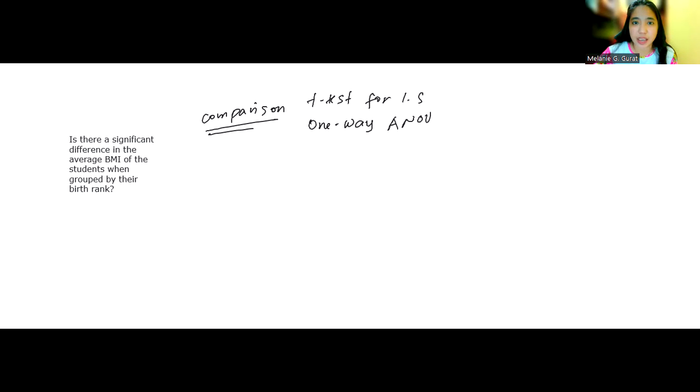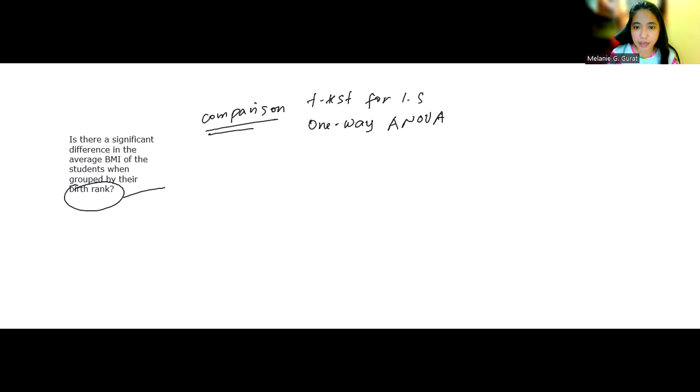This is, of course, if we satisfy the conditions of parametric tests, because these are parametric tests. Now, we do not yet know the particular test that we can use here, because we do not have any idea about the grouping or the categories in the birth rank. So we have to go and see what our data is all about.